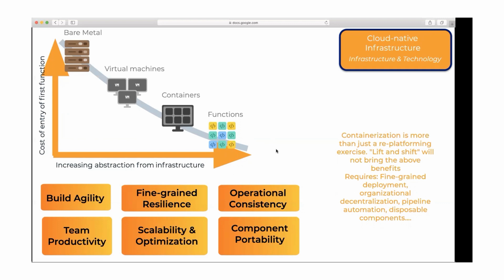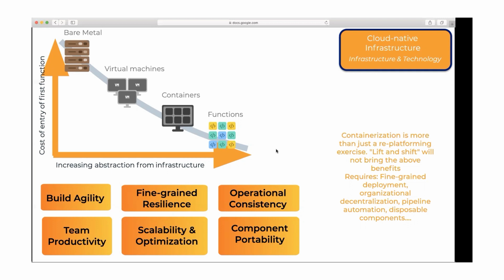It requires fine-grained deployment, organizational decentralization, pipeline automation, and also disposable components. It's an important thing, which results in, I would say, build agility, operational consistency, scalability and optimization, and also team productivity.